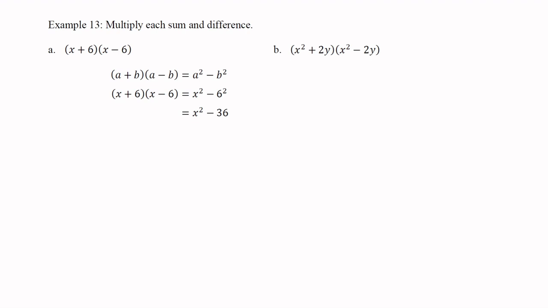For x squared plus 2y times x squared minus 2y, we have a being x squared, b is 2y, so we square x squared, we subtract (2y) squared, and that's going to give us x to the fourth minus 4y squared as our answer.